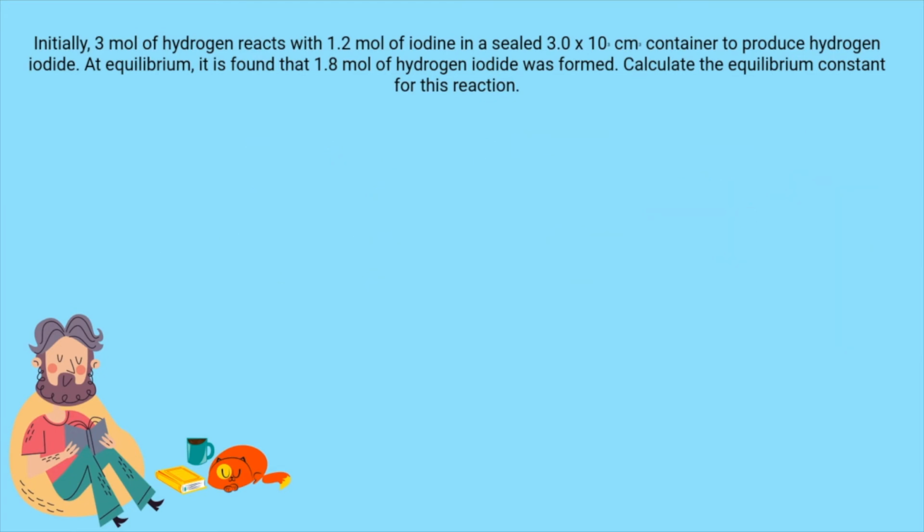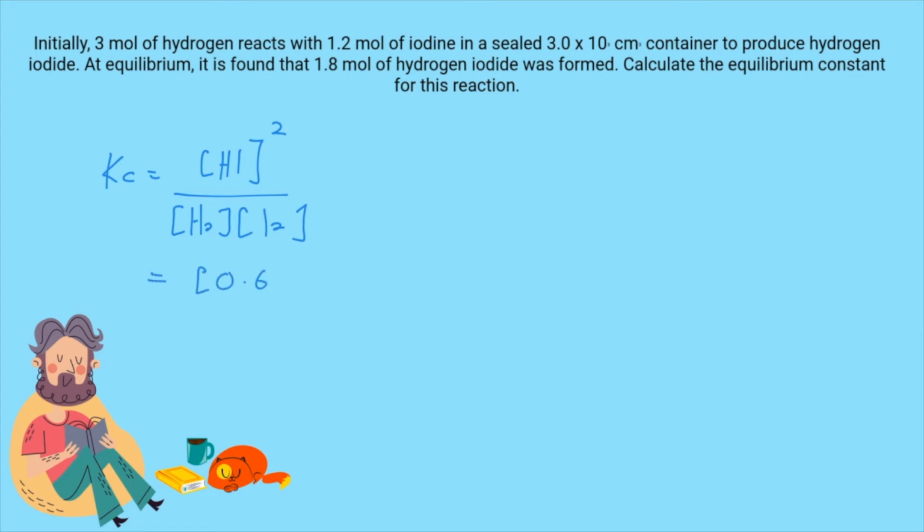So in saying that, we can write the Kc equivalent to your HI to the power of 2 divided by hydrogen gas and also iodine. So from there, we just need to plug in the value.